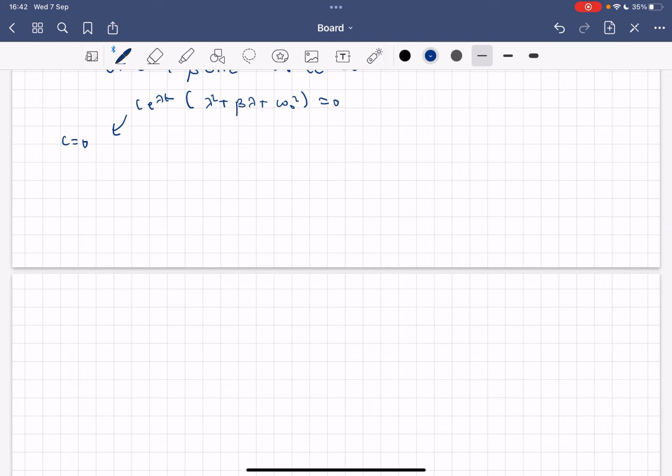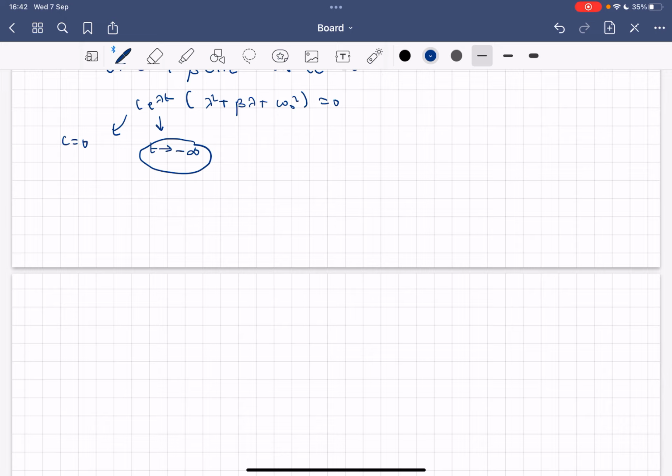And e to the power lambda t is 0 if t approaches minus infinity, but this is true only at or very near minus infinity. So this is also not true.